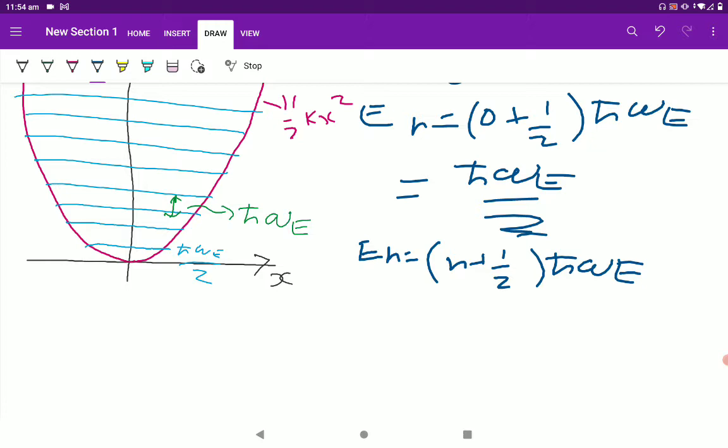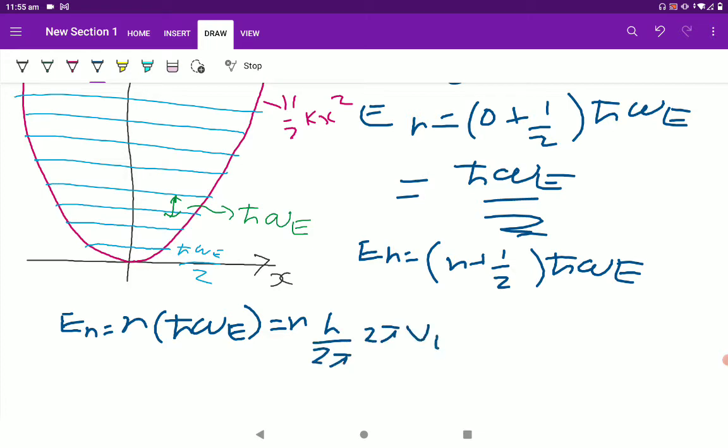So Einstein said that the energy is given by n h cross omega E, which is equal to, here h cross is h by 2 pi and omega is 2 pi nu E, so the 2 pi cancel, and we get n h nu E here. So he didn't consider the zero point energy.